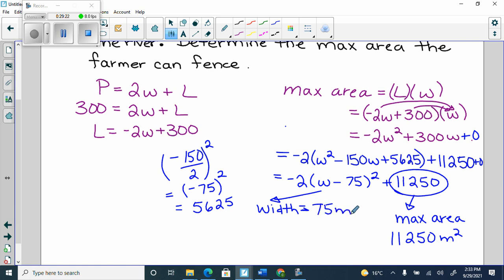And then to get the length, I do the area divided by the width. 11,250 meters squared divided by 75 meters. That's 150.